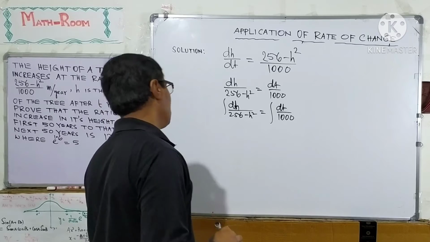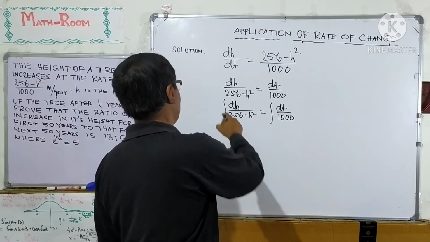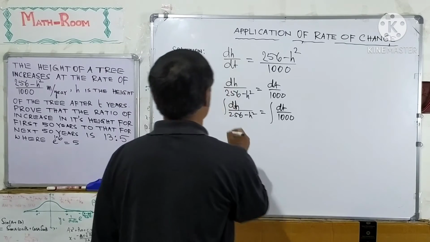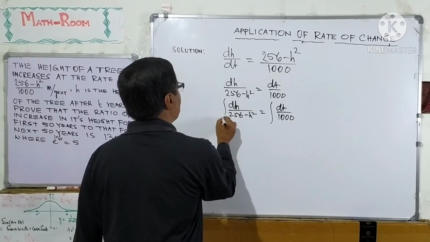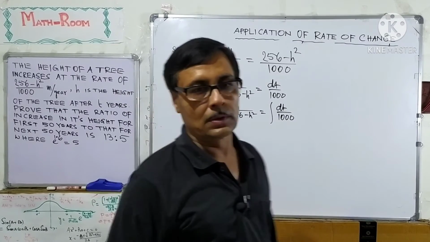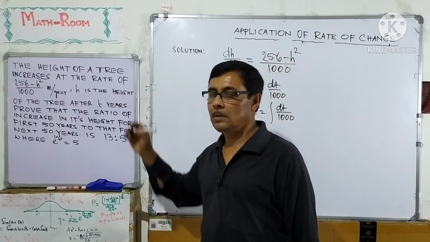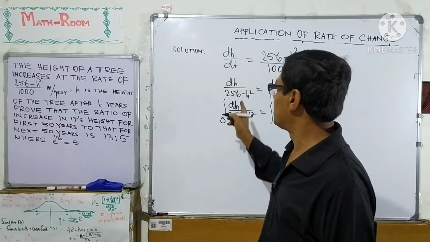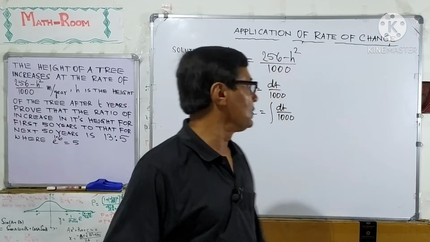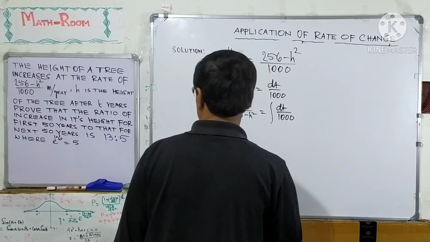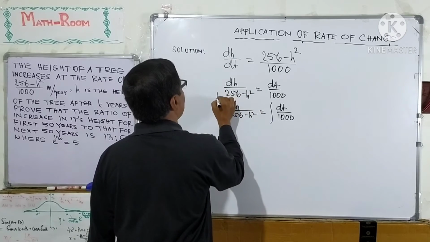Here we can take the lower limit of h as 0, because 0 is the initial height of the tree, and the final height after 50 years is taken as h1.